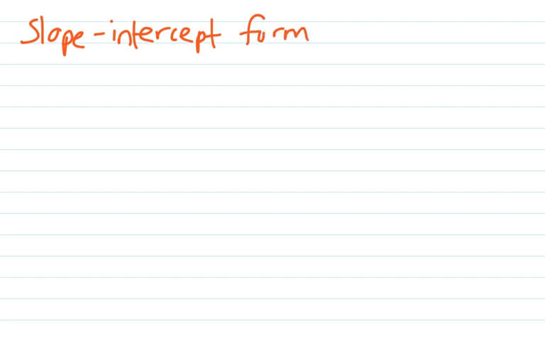Okay, so that's going to bring us to something called slope-intercept form of a line. And there are different ways of writing equations of lines. Slope-intercept form is probably the most popular form for the equation of a line.